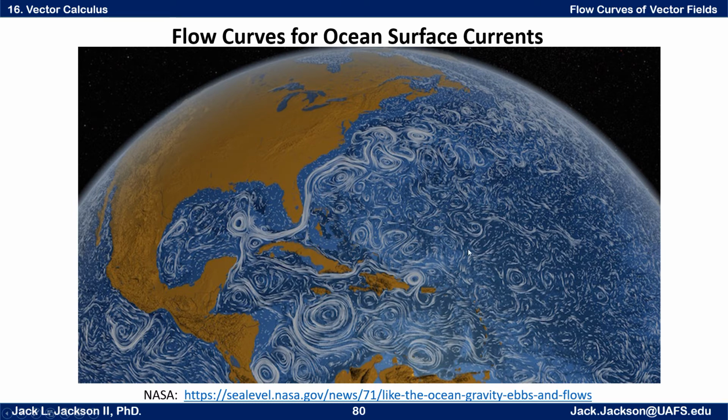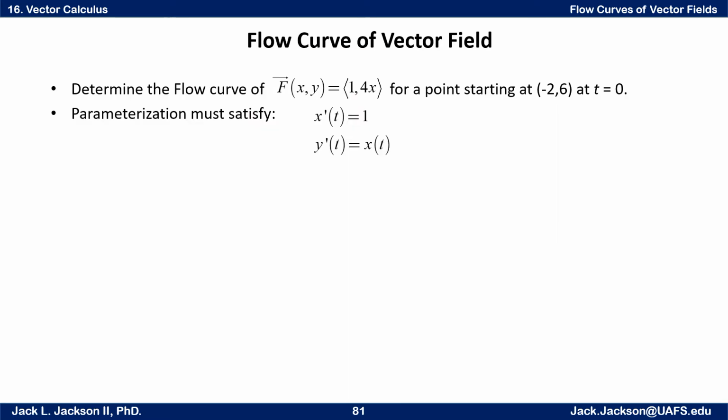So basically, these are the flows of the current. So if it would stay like this for a period of time, you could drop in an object here at the surface of the ocean, and that object would flow along one of these curves. And there are lots of other applications, but that's just an example.